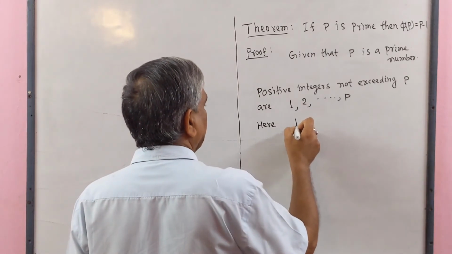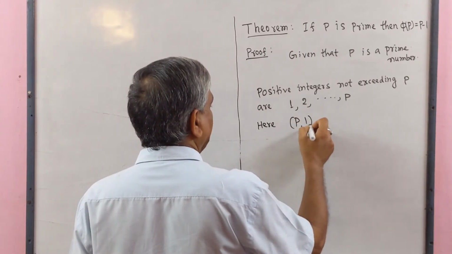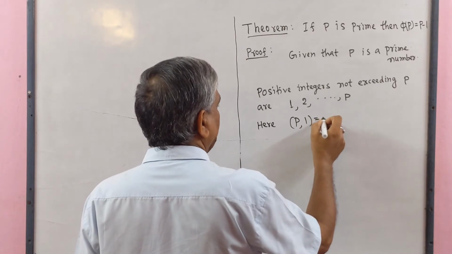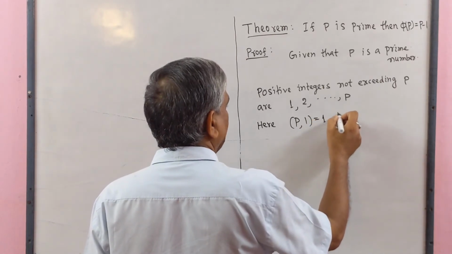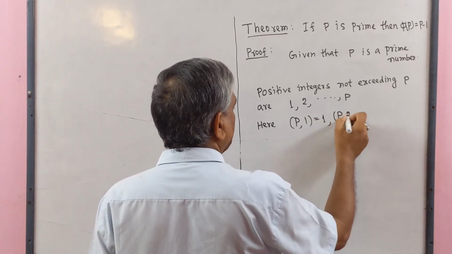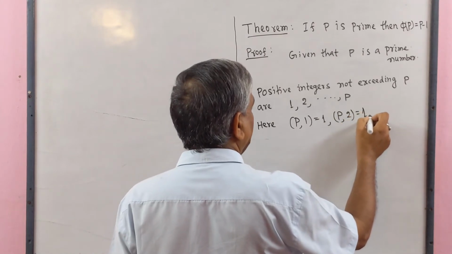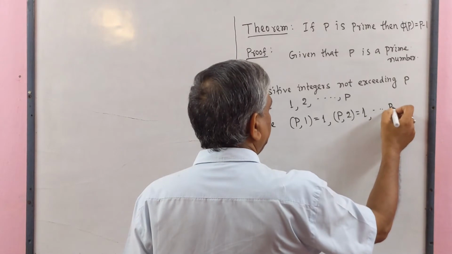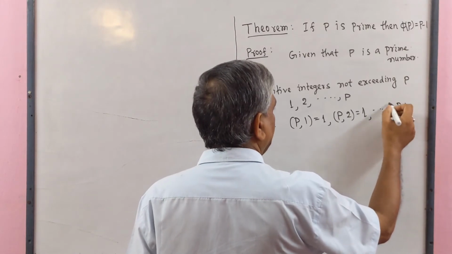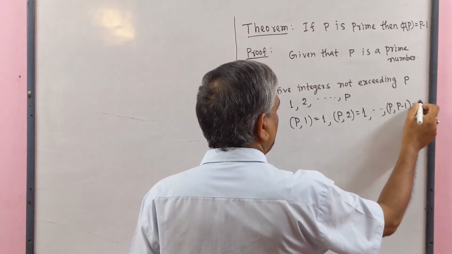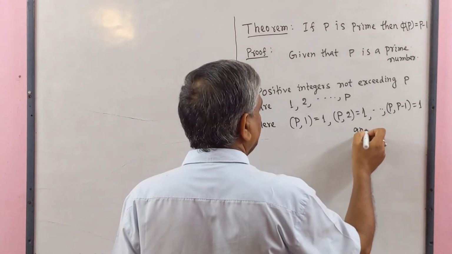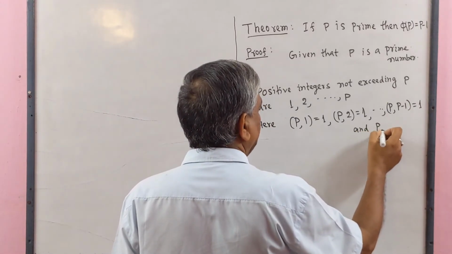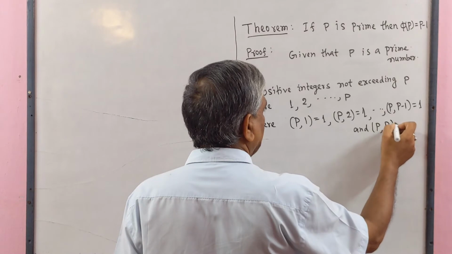Here GCD of p and 1 equal to 1, GCD of p and 2 equal to 1, up to GCD of p and p minus 1 equal to 1 and GCD of p and p equal to p.